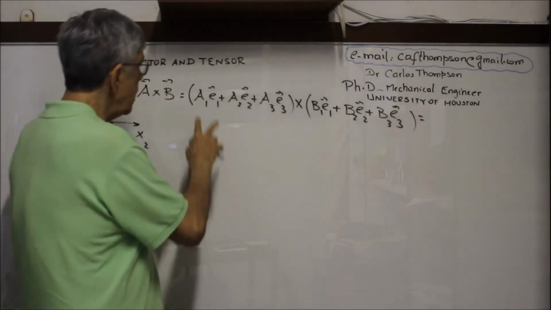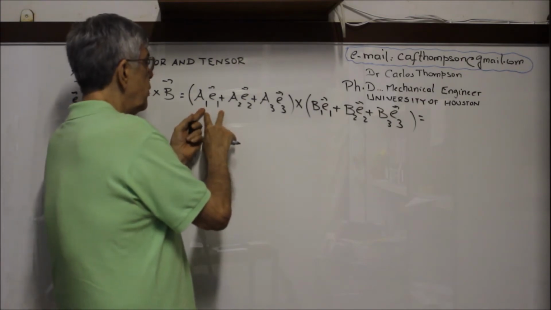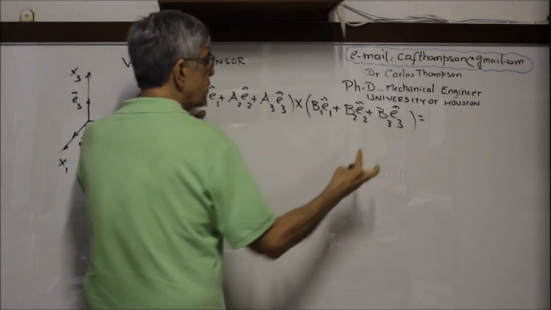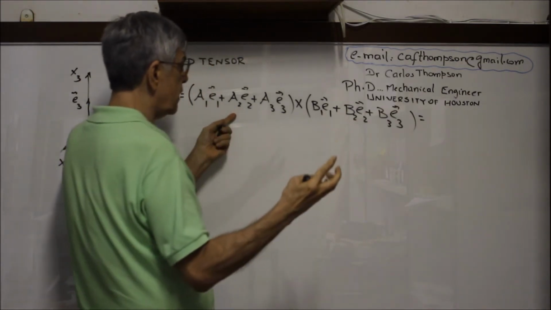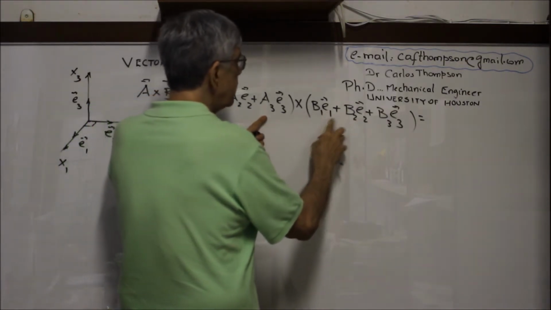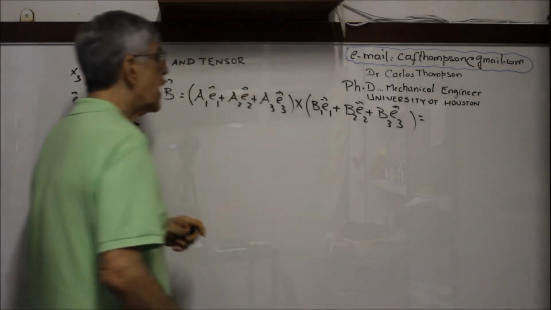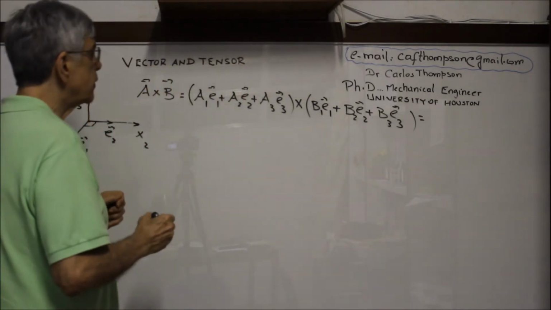this we can write as 9 components. This one will multiply this, this, and this, so it's 3. This one multiplies this, this, and this, that's 6. This one multiplies this, this, and this. So it'll be 9 components. Let's do it.